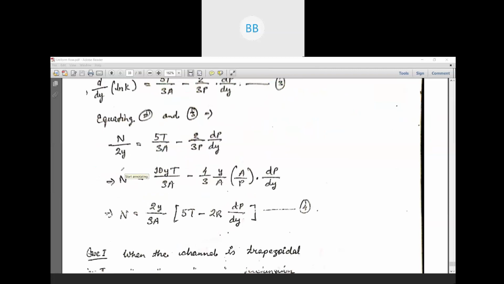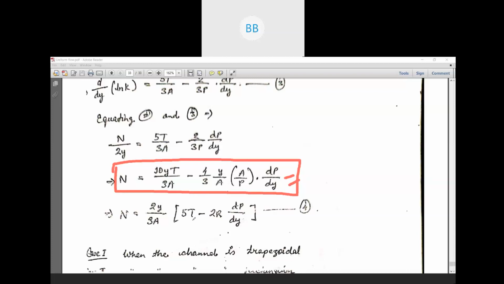The next line will be n is equal to, this will be multiplied here, 10yT by 3A, then this will be multiplied with this also. So that is 4 by 3, y by P. Again we have taken this A by P here with dP by dy, just to bring R. Finally, you can bring out twice y and 3A.